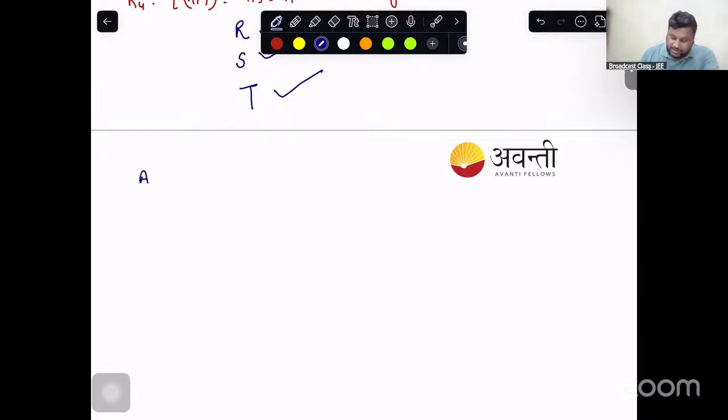A relation R defined on set of real numbers. I am denoting real numbers by this symbol.